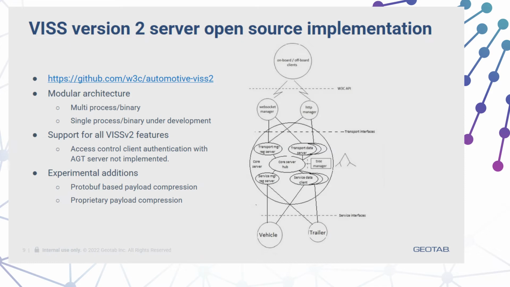And in the middle we have what we call the core server, which verifies requests, that it exists in the tree, and that you don't do a write to a sensor and things like that.